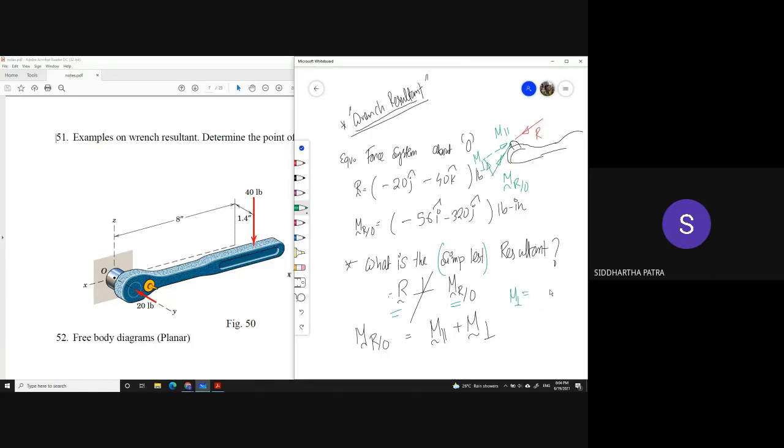It's actually R dot MRO, but then you'll have to divide that by the magnitude of R to get a unit vector along R. So R divided by the magnitude of R is the unit vector along R. M parallel is the parallel component of the moment, and the vector form of it is M parallel times the unit vector R. Can you get M parallel for me? How much is M parallel?